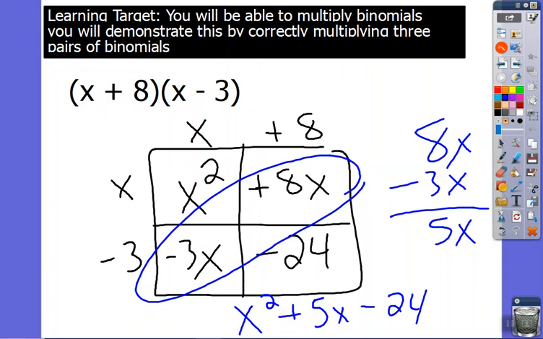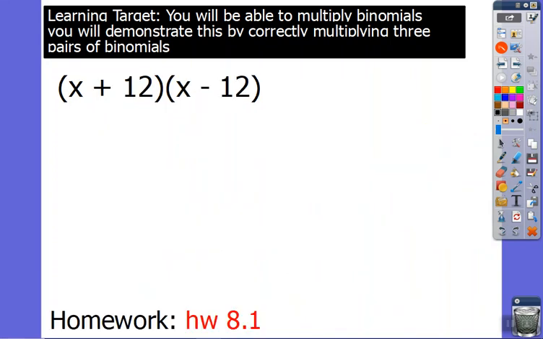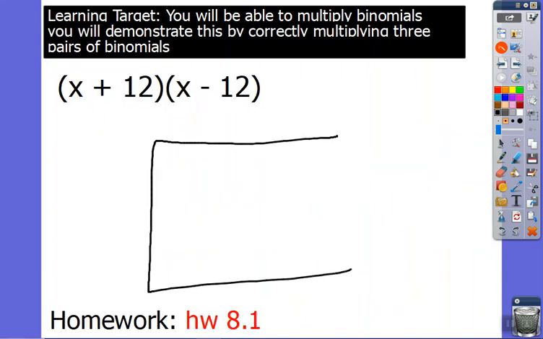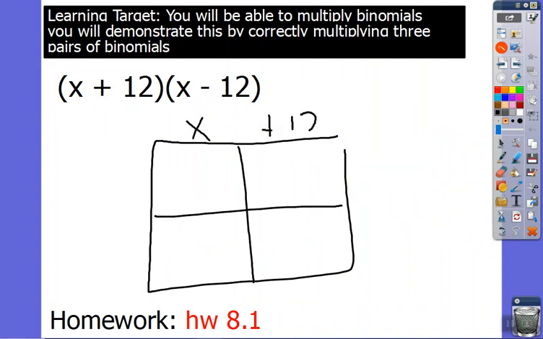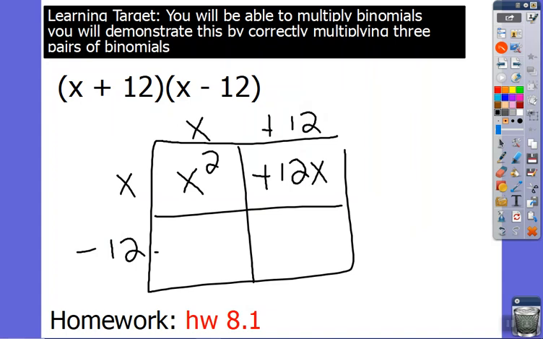Let's do one more. This is a special case, but you'll see why at the end. We're going to draw our box, 4 sections, one across the top, one down the side. First box, x times x. Second box, positive 12 times x. Next box, negative 12 times x.